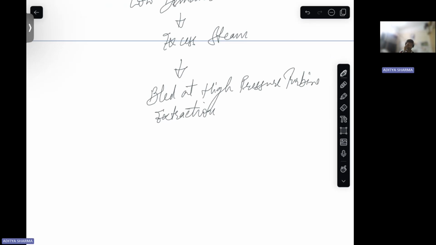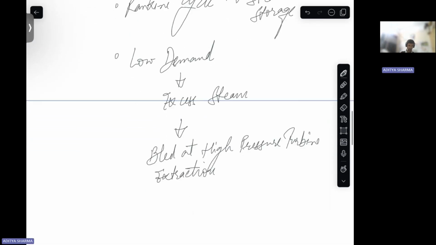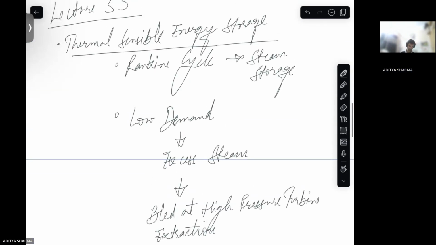And then what happens? So this basically comes in your pressurized water sensible energy storage. This topic basically.